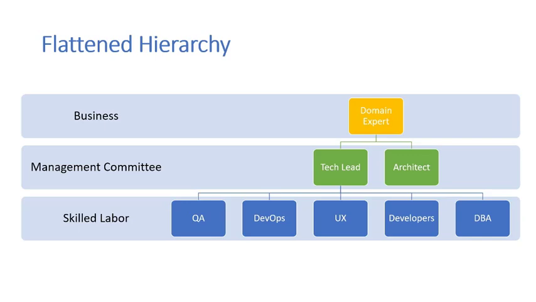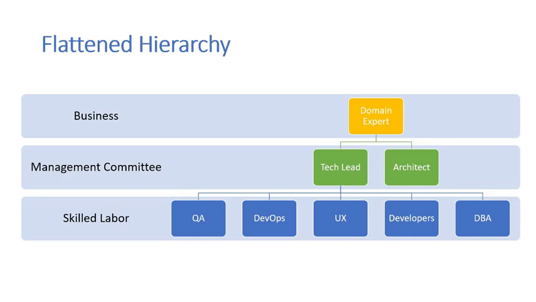Again, you could have more than one of these skilled laborers, right? You can have multiple QA, multiple DevOps, multiple UX, multiple developers, and multiple DBAs. But the idea is the tech lead only has directly under them these different skilled laborers, right?